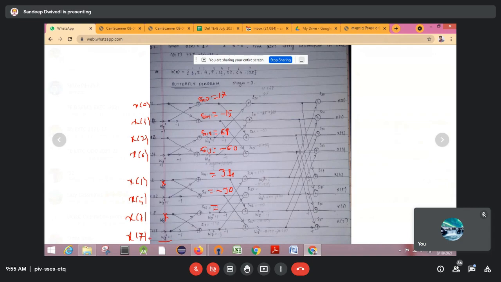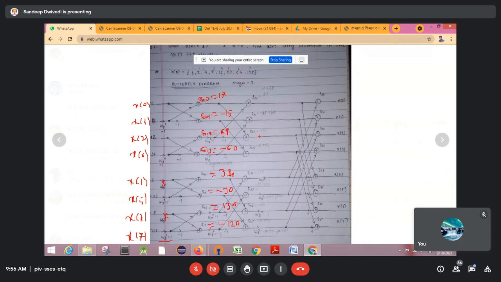So x of 3 is 8 and x of 7 is 128, so 128 plus 8 will be 136. Then the next value will be x of 3 minus x of 7. So x of 3 is 8 and this is 128, so this will be minus 120.